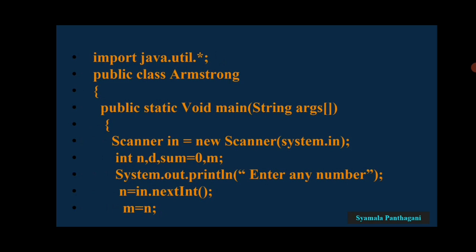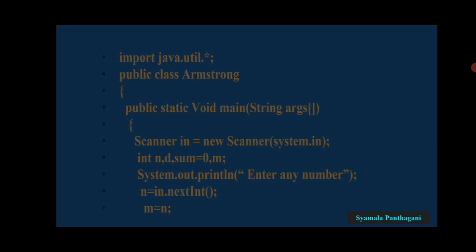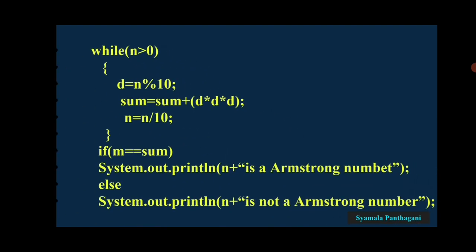Now come to the next half. Children, write very neatly and carefully. While n is greater than 0, d = n mod 10. This statement is very important for all the number programs. d = n mod 10.